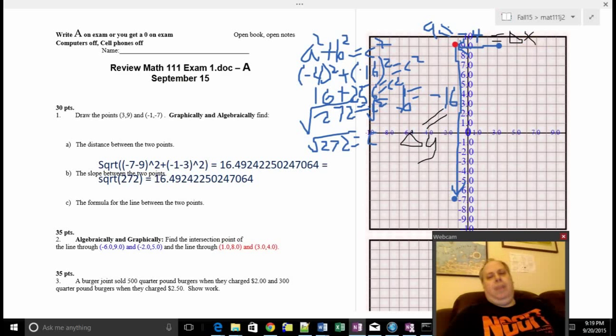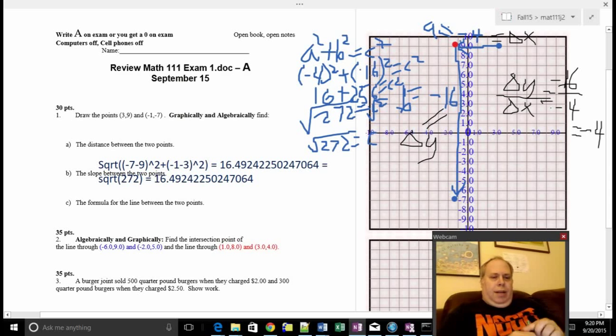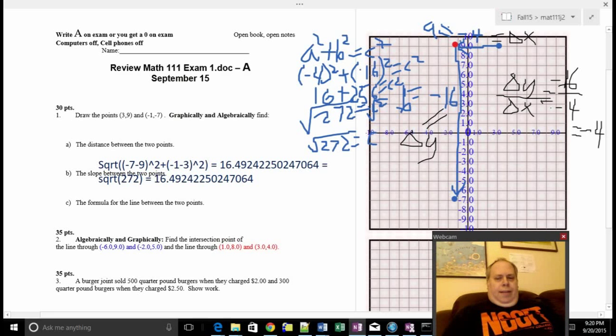So the slope is delta y over delta x, which is equal to negative 16 over negative 4, which is equal to minus 4. So that's how I do it graphically.